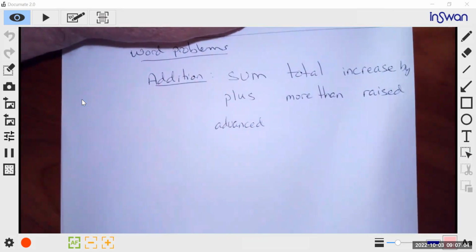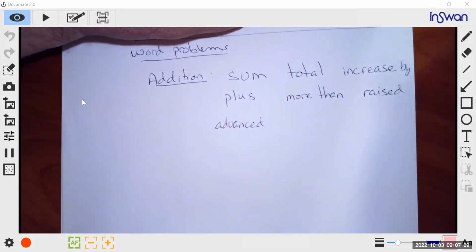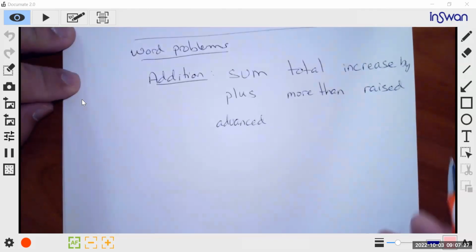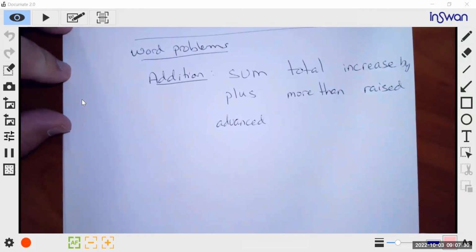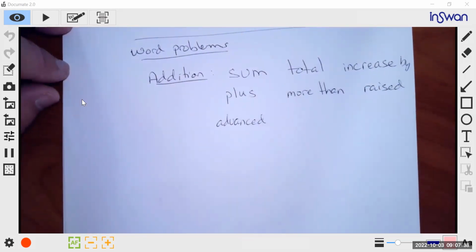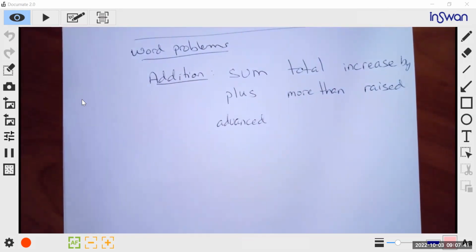Advanced or advance. We need more words. I mean, this list should be about 10 words longer. But it all has one thing in common. Each one of these words means an incremental increase or movement in a positive direction.